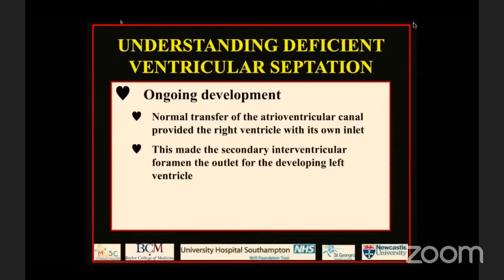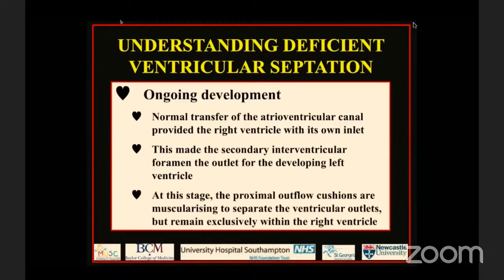But by that remodeling, the channel between the left ventricle and the developing right ventricle is now the secondary interventricular foramen. And that is because the right ventricle has now achieved its own inlet. The key point, however, is that the entirety of the outlet is still supported by right ventricle.